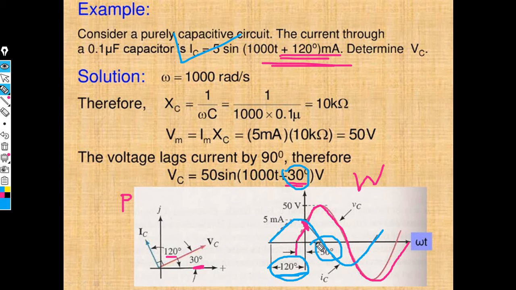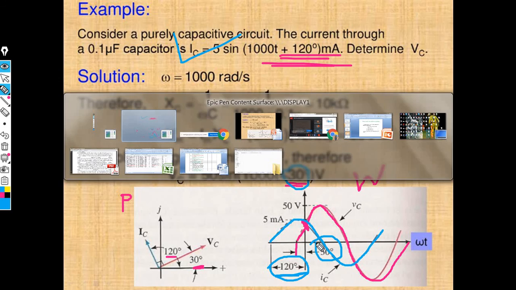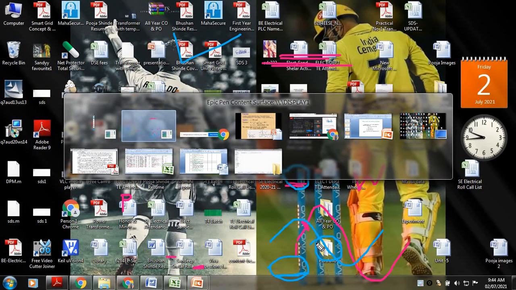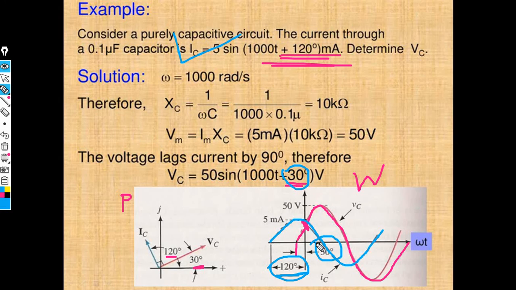Now all parameters are drawn in the phasor diagram, and with the help of the phasor diagram we have drawn the voltage and current waveforms using the respective angles. This is a very simple problem based on a purely capacitive circuit. Now we have to explain some definitions that are very important in this circuit.